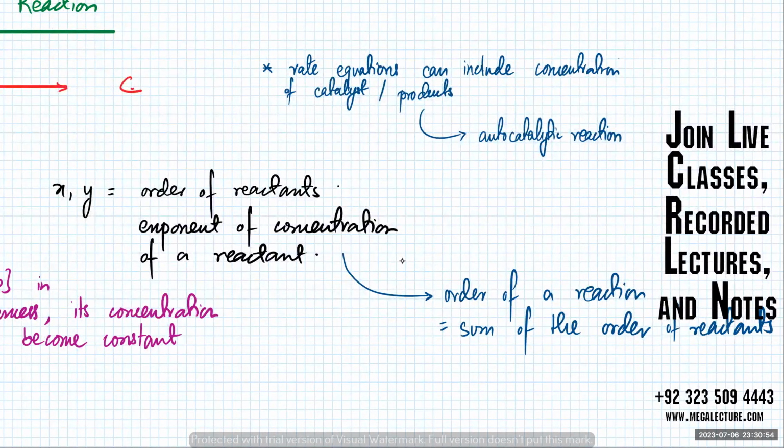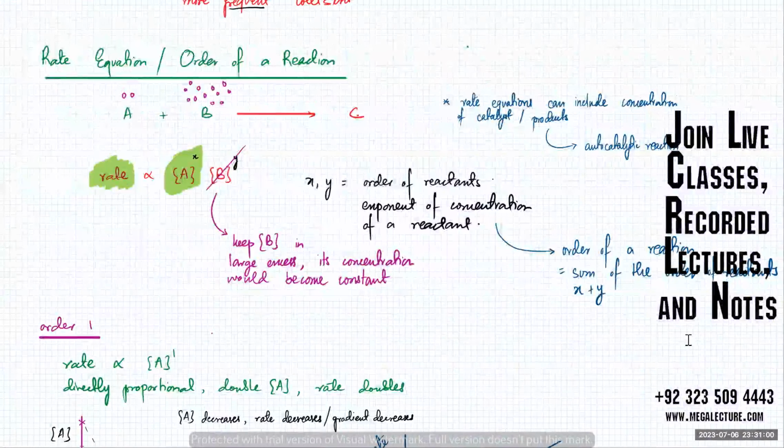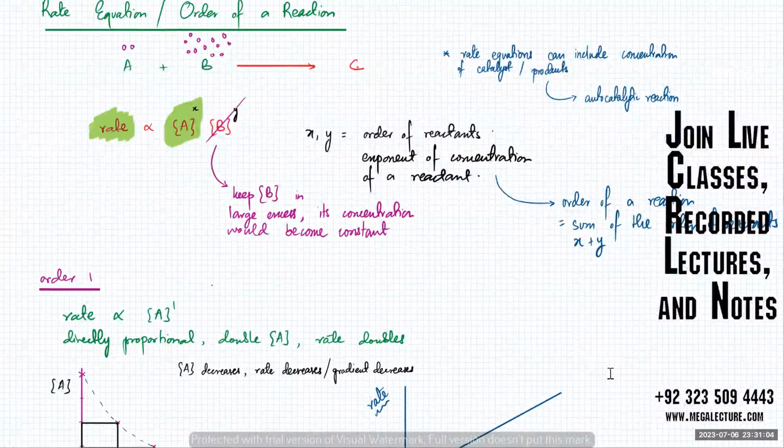So in this case, it's going to be X plus Y. If one of them is order 2 and the other is order 1, the total order of reaction is 3. Is that clear as well? Yeah, that's clear. Okay, moving on.